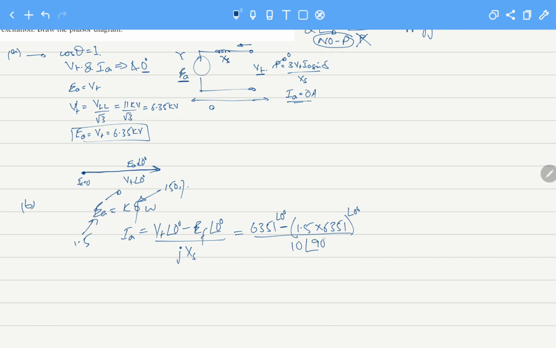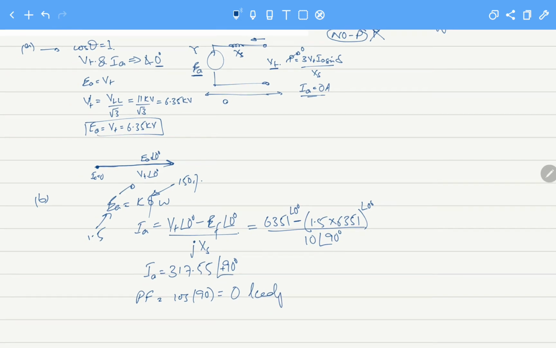The value of the current will now become 317.55 with an angle of 90 degrees. And so the power factor will be cos 90, which equals 0, and as the angle is positive, it will be a leading power factor.